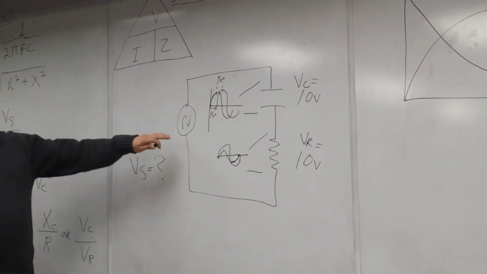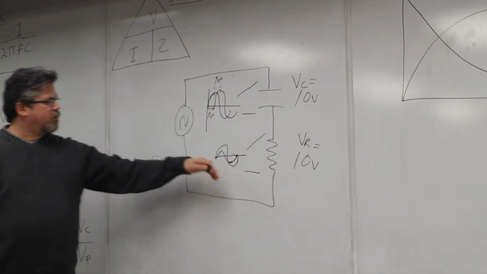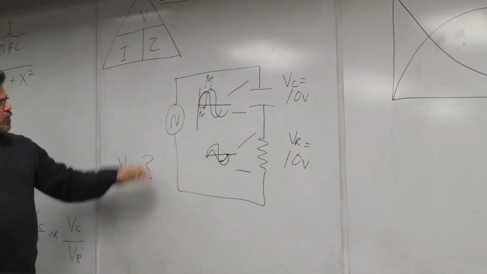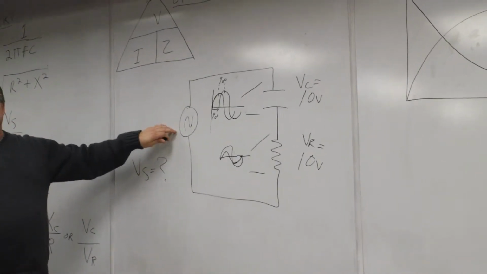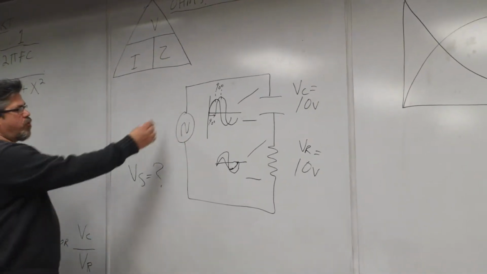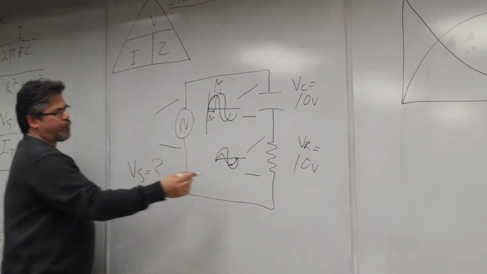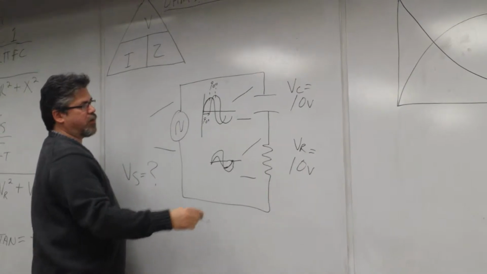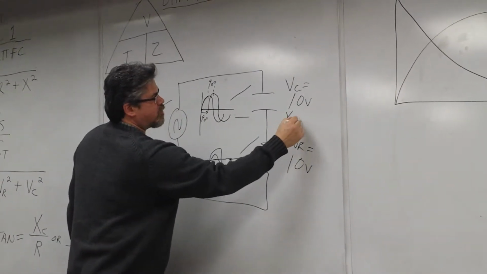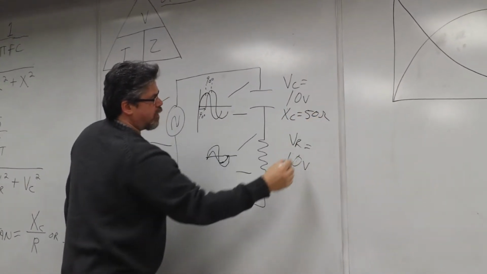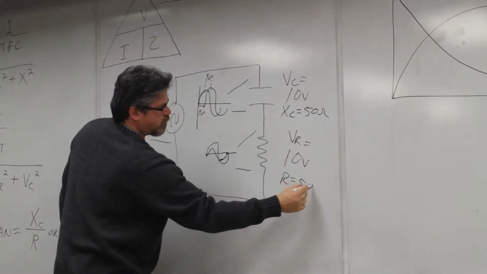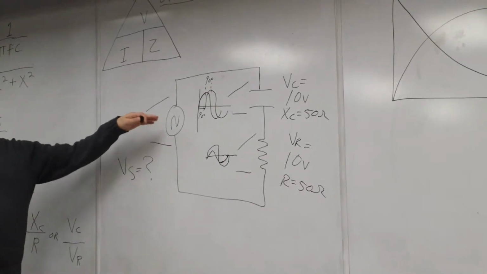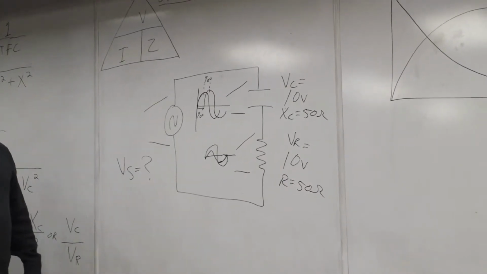And then for the combination of the two components, based on whether it's more reactive or more resistive, there's going to be a phase displacement from what the source is. So if we put a scope out here, let's say that each component dropped 10 volts, that the X of C was equal to 50 ohms, and R was equal to 50 ohms, then we'd have a 45-degree displacement between voltage and current.